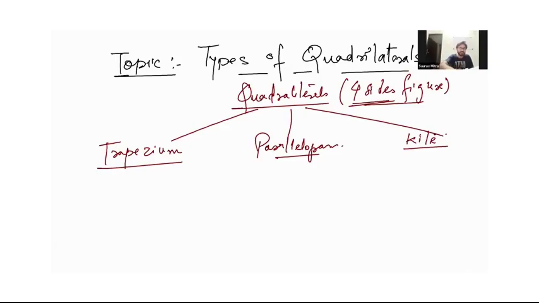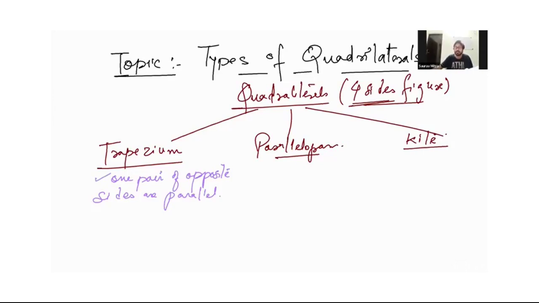So let's write this. In trapezium, what is this? A trapezium has one pair of opposite sides parallel. Okay, this one pair of opposite sides are parallel.